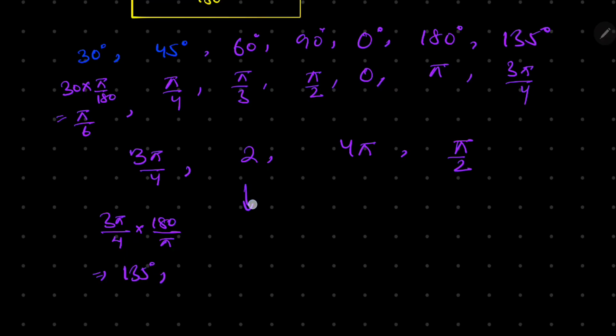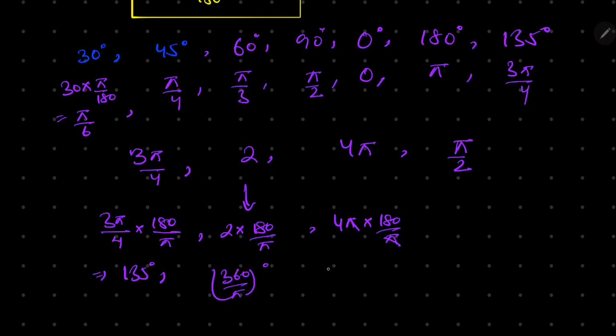Similarly, for the second one there is nothing written, so we will consider it as radian. I must multiply with 180 by pi to get degree, and the answer will be 360 by pi degree. Similarly here we have 4 pi, so we multiply with 180 by pi, which gives 4 pi into 180 by pi.